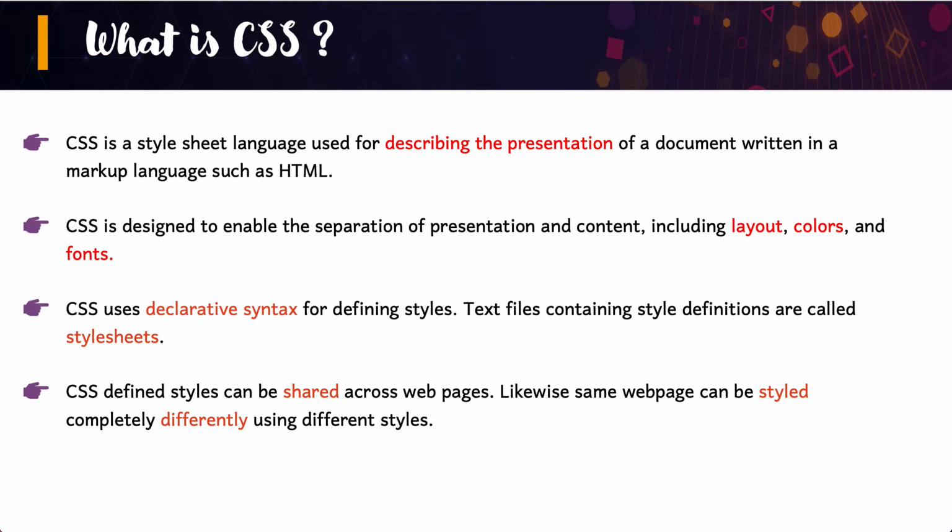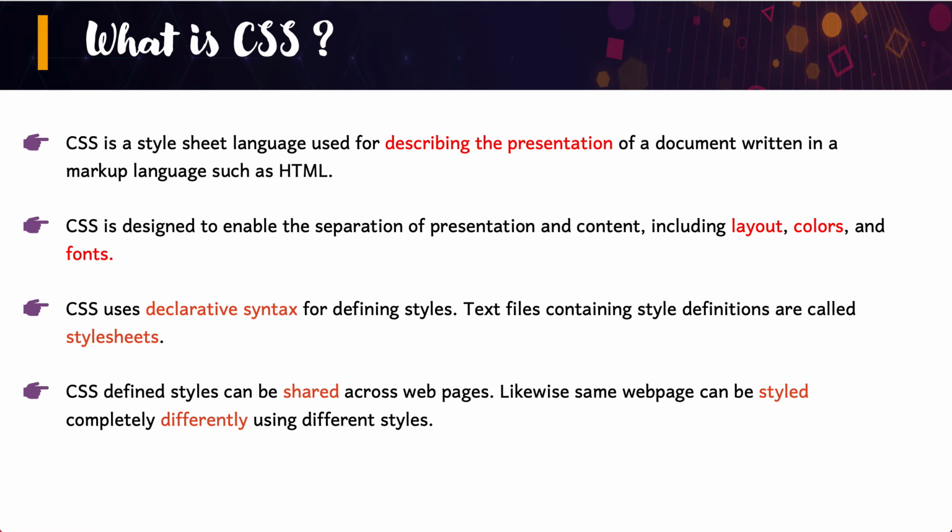Now, one of the advantages that we have with CSS is that CSS is designed to be shared across web pages. You have an HTML file, but typically if you are building a website for a company or for a product or for a purpose, there will be hundreds of web pages. We want to have our styles uniform and consistent across web pages.